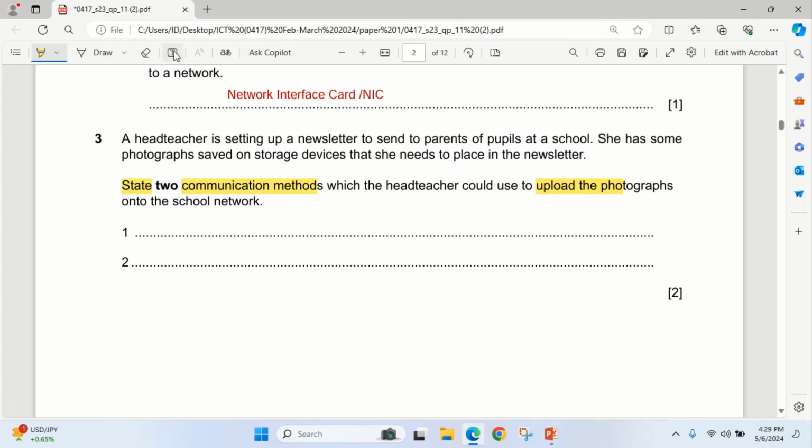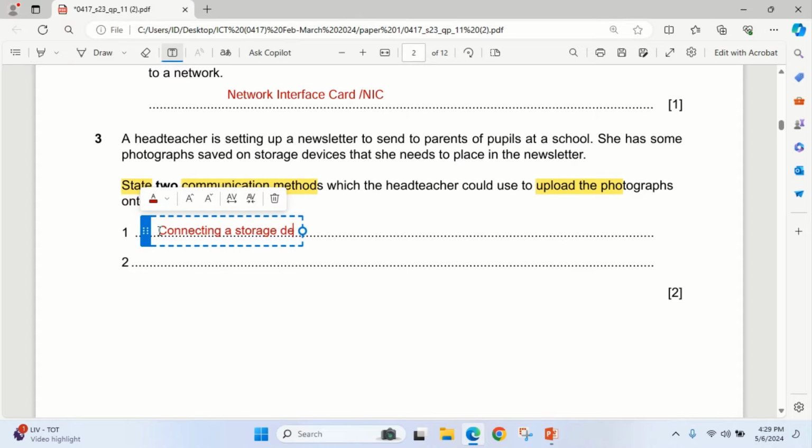So one method that she can use is connecting a storage device or the storage device to the computer via USB cable.